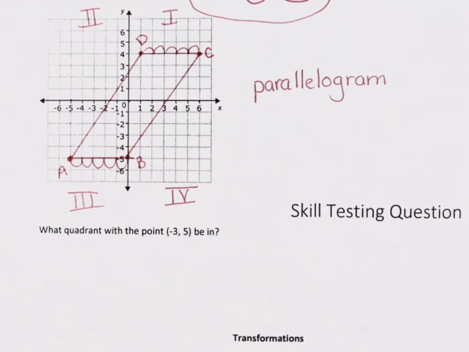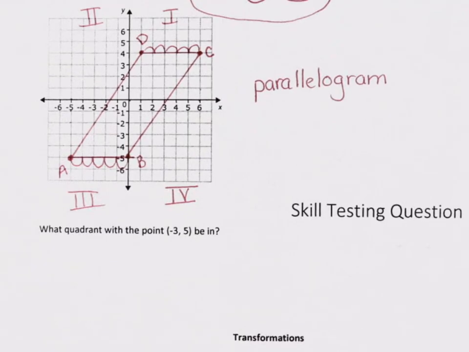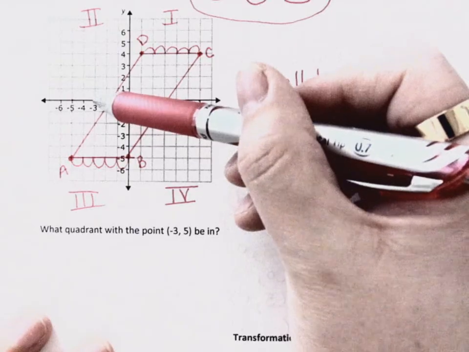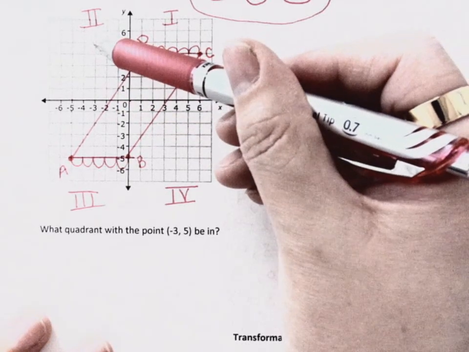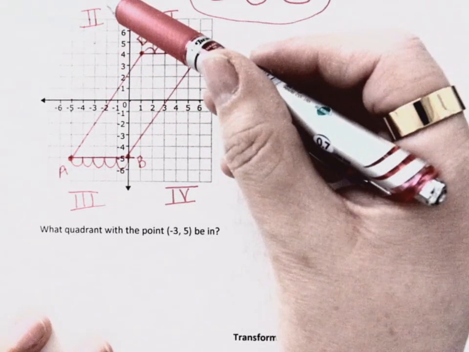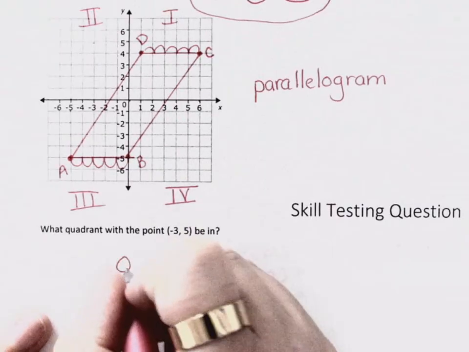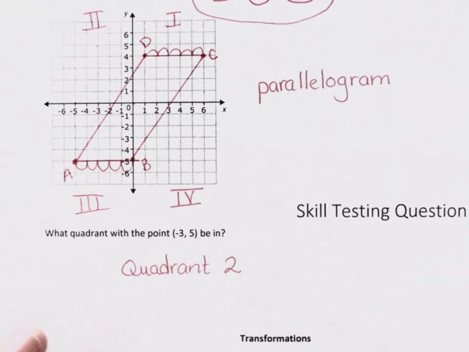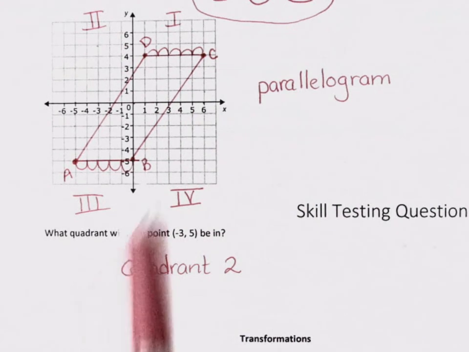Okay, so what quadrant is the point -3, 5 in? Well, you can do this really easy. You can drop the point on. So -3 is here, +5 is here. So I'm in quadrant 2. But that was handy because I had a coordinate plane.